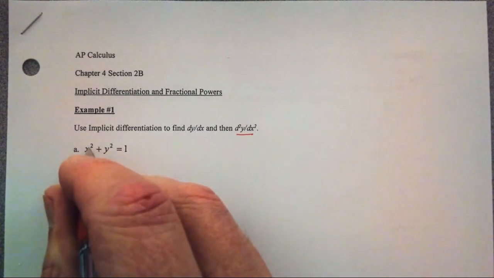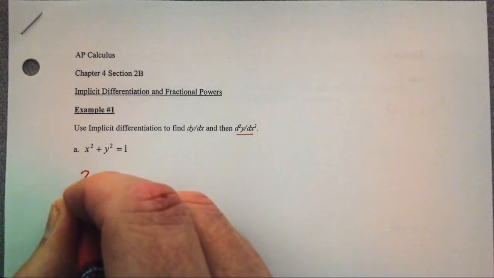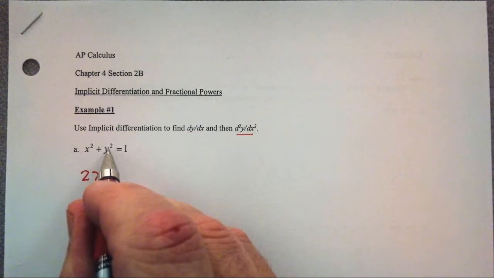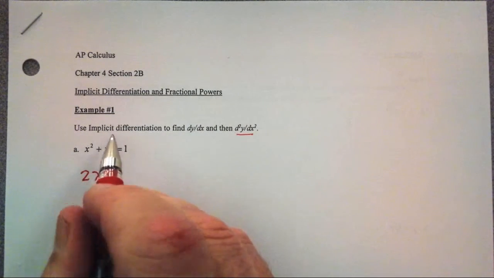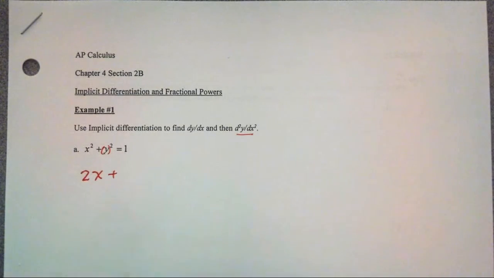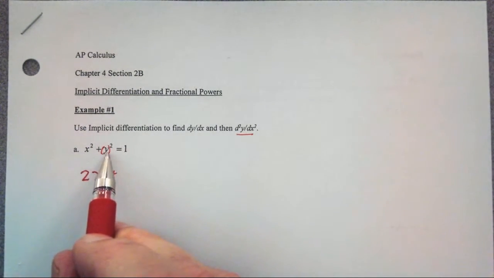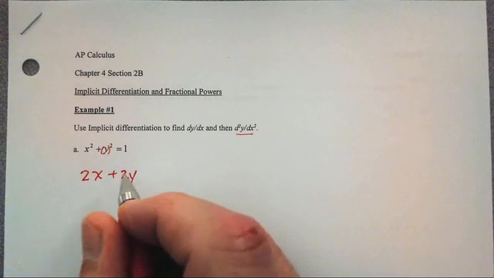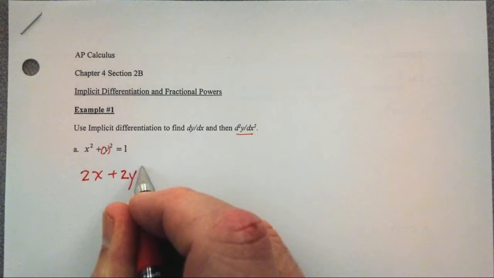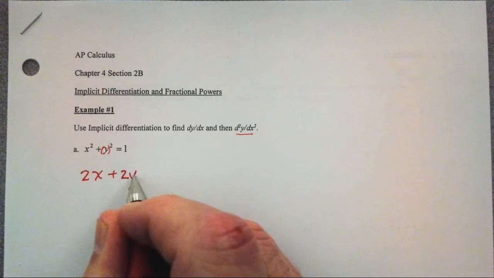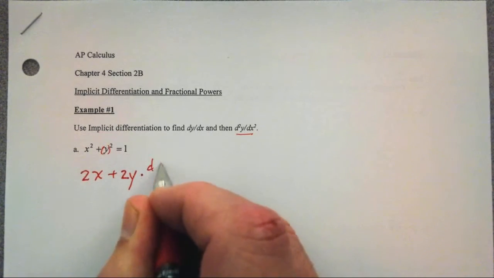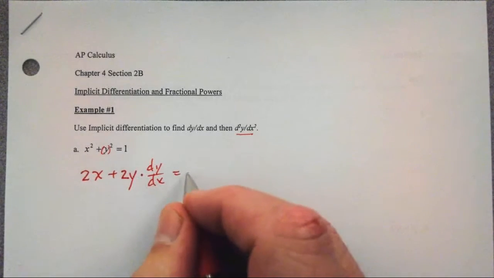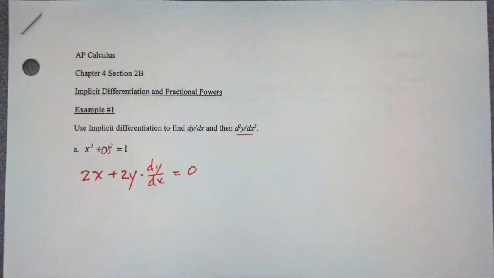So derivative of x squared with respect to x, 2x, plus derivative of y squared with respect to x. We're treating y like it's a function of x, so that now it's a chain rule. I want the outside derivative, 2y to the first, outside derivative of the inside function times the inside derivative, that's where the dy dx comes from, equals derivative of 1, 0.